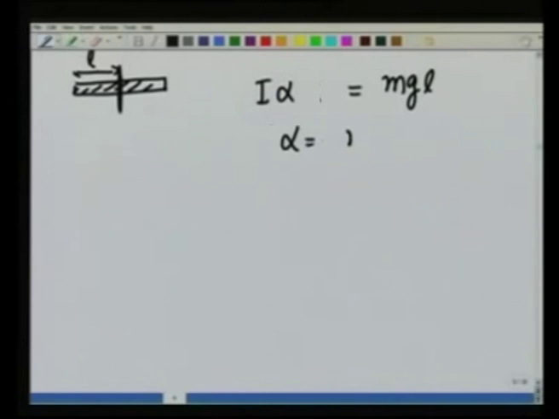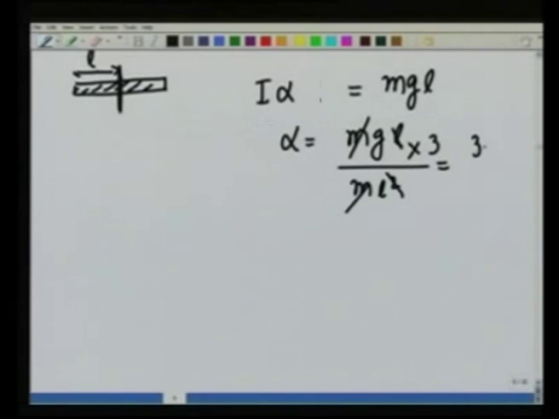Alpha would be equal to mgL divided by I, which is mL square over 3. L drops out, m drops out. So the angular acceleration is roughly 3g over L.